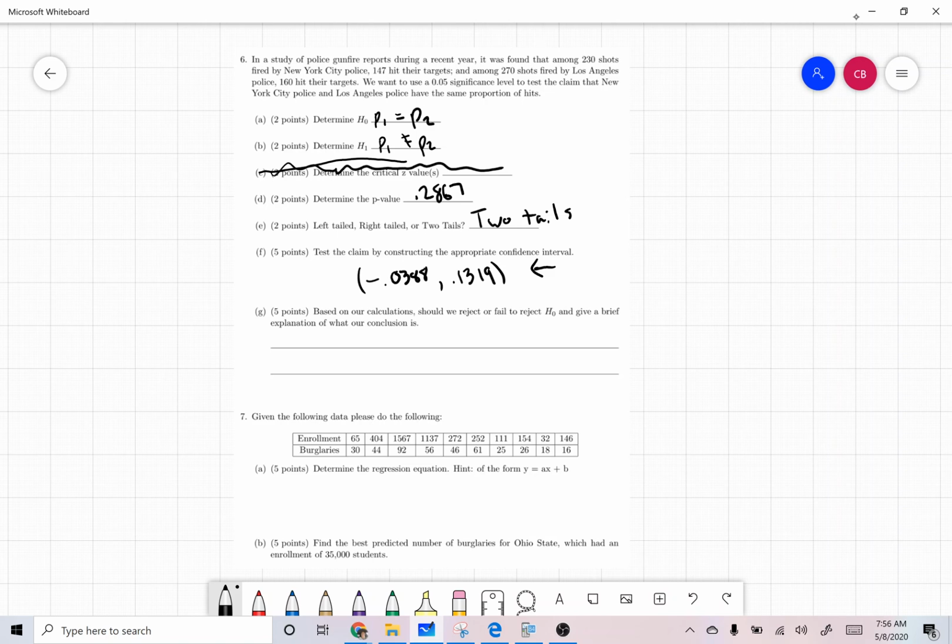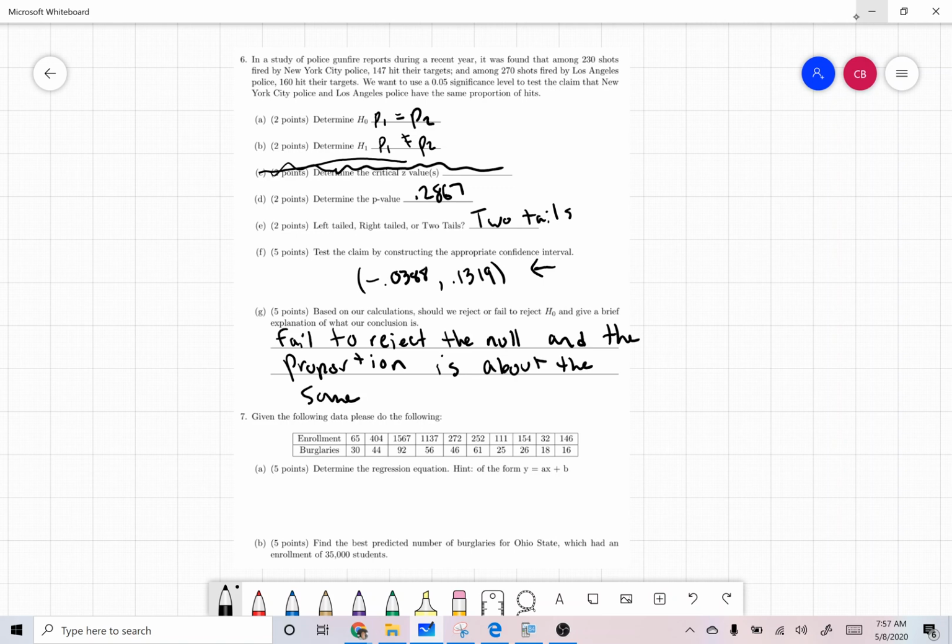So we should fail to reject the null, and the proportion is about the same.